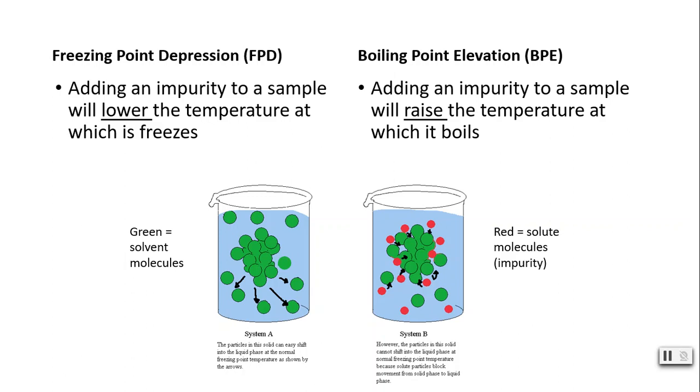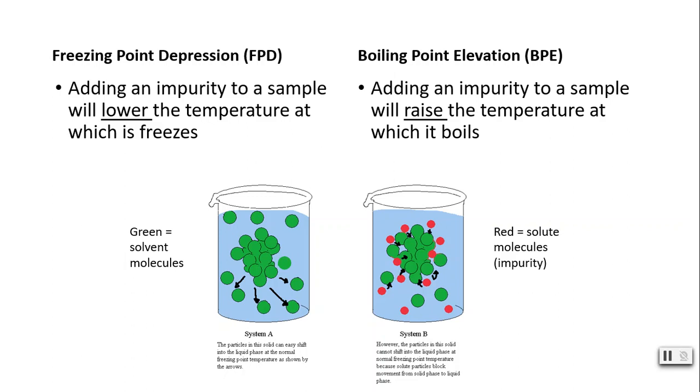So those solvent molecules cannot as easily become a solid or a liquid or a gas. Because those solvent molecules cannot change state as easily, because those little red molecules, the solute, get in the way, the consequence is to lower the freezing point and raise the boiling point. So that's the why of this phenomenon.